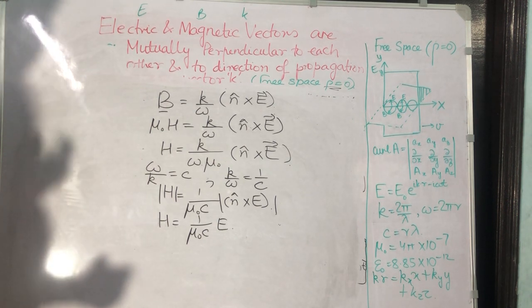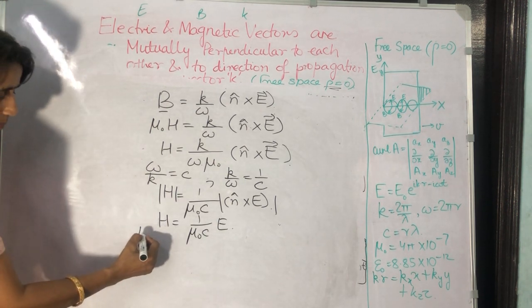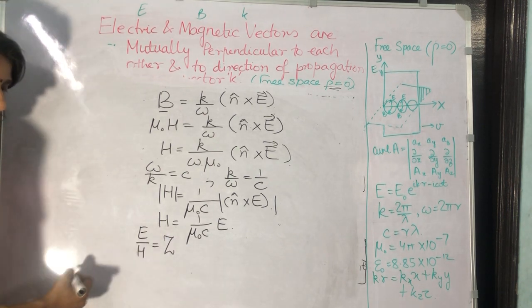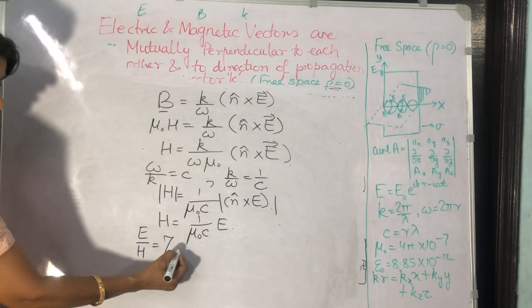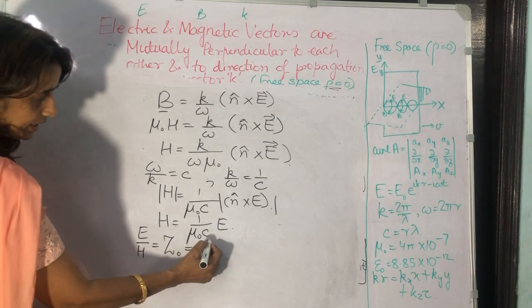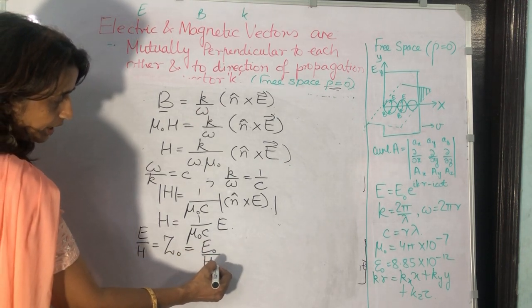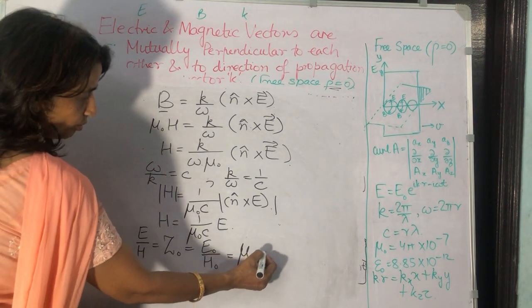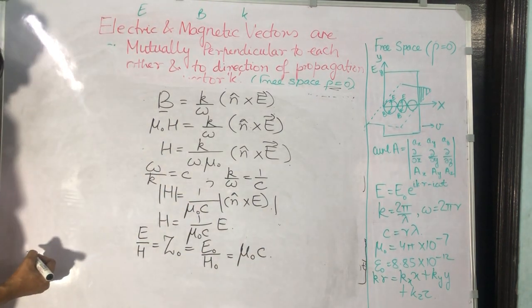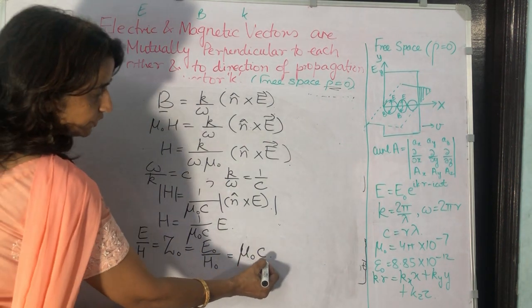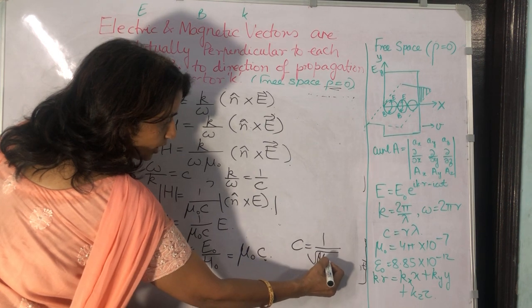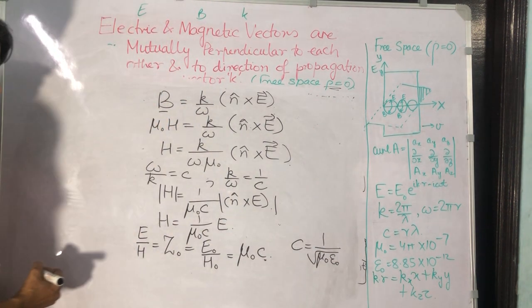And this quantity E upon H is known as the characteristic impedance of an electromagnetic wave and is given by E naught upon H naught, which is equal to mu naught into C. Also, the velocity of light C is equal to 1 upon root mu naught into epsilon naught.